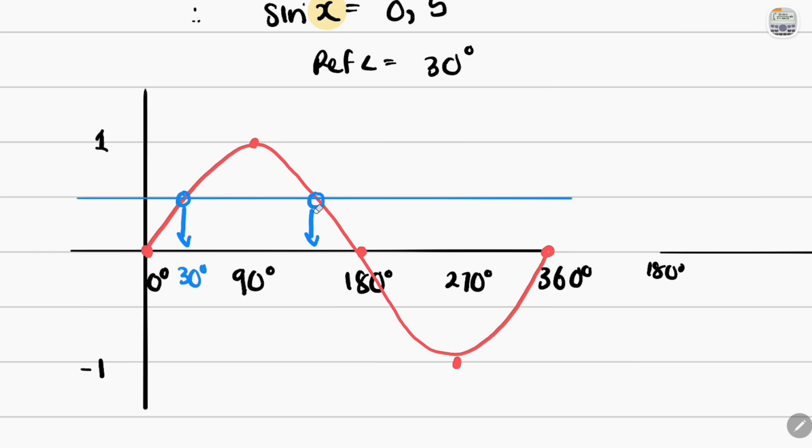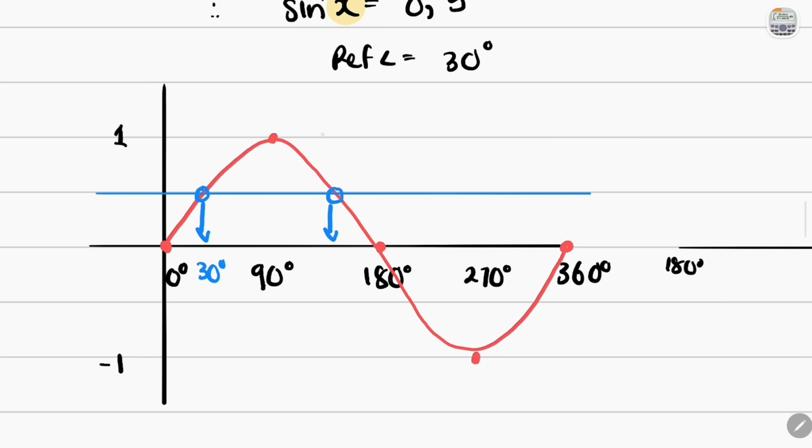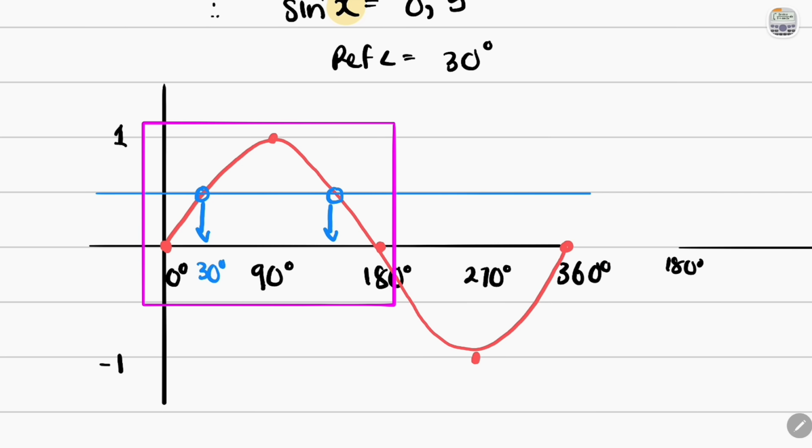And then what we have over here is, do you see how this works, the symmetry of this? With this graph, what it is doing over here, it does the exact same thing over here. So at 30 degrees, if you had a y value of a half, 0.5, you're also going to have a y value of 0.5 here as well, because this does the exact same thing as this.